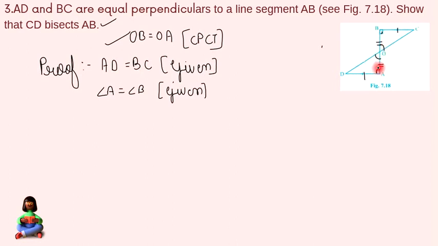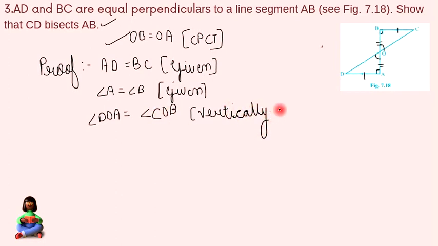Why? Because they are vertically opposite angles. So here we will write angle DOA is equal to angle COB, as they are vertically opposite angles.